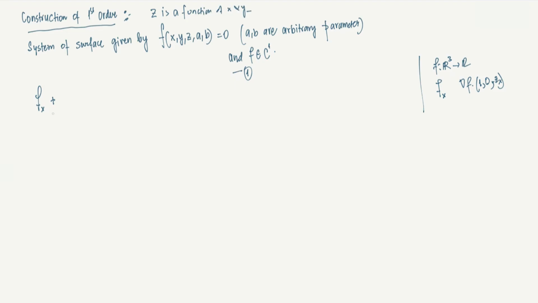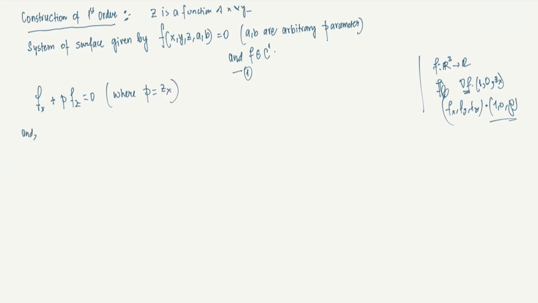So if I am differentiating 1 with respect to x, it becomes the gradient of F, which is Fx, Fy, Fz, dot product with 1, 0 and zx. Zx we will call p. Is it okay? So it becomes Fx plus p Fz equals 0, where p is nothing but zx.